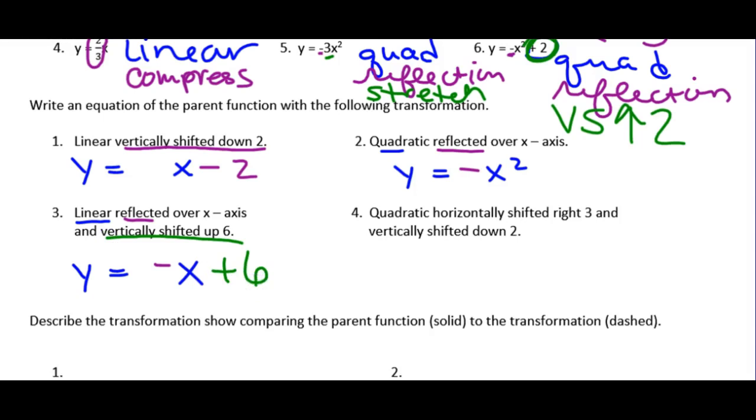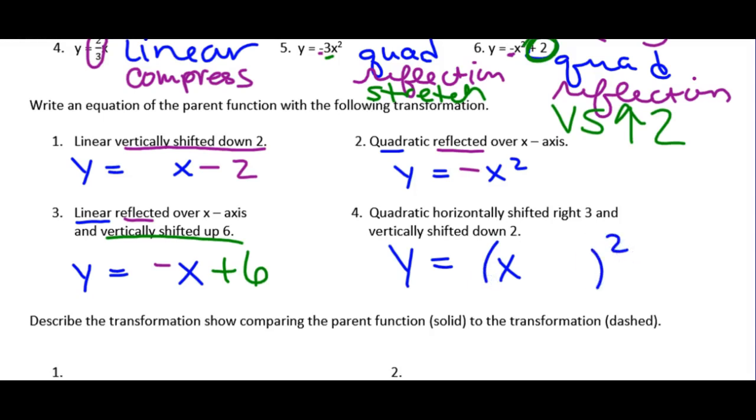And then the fourth one says quadratic, so y equals x squared. Horizontally, horizontal, I need to erase that square. As soon as I see that word horizontal, I know that I need to put parentheses and squared.